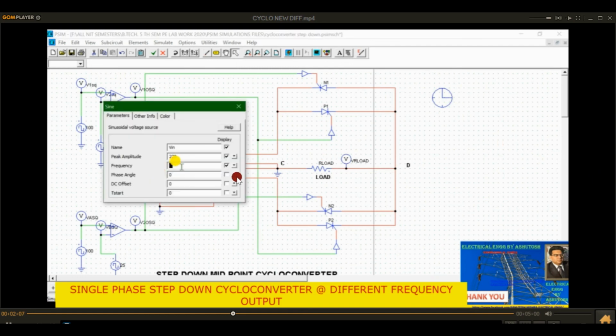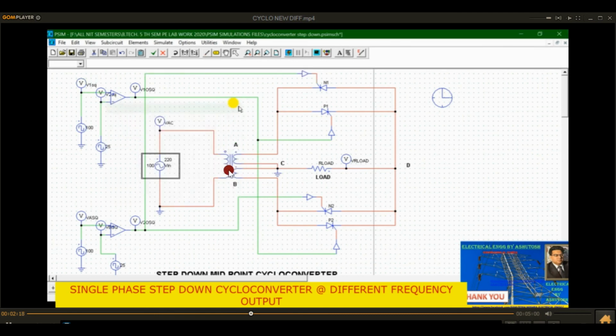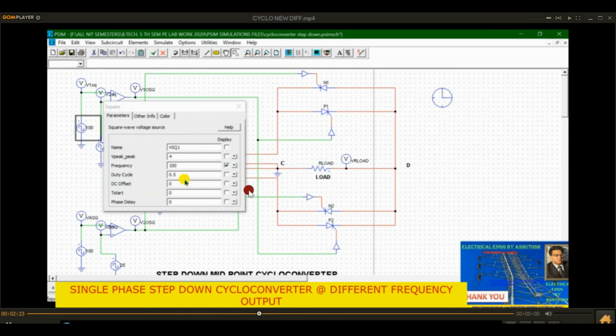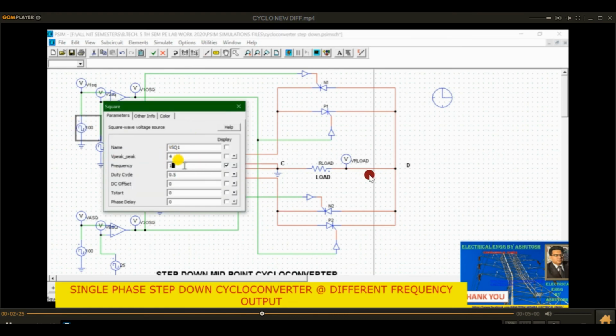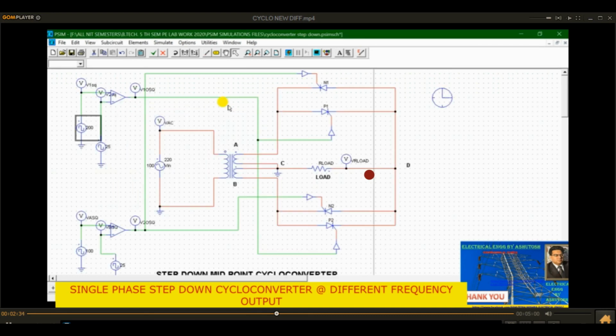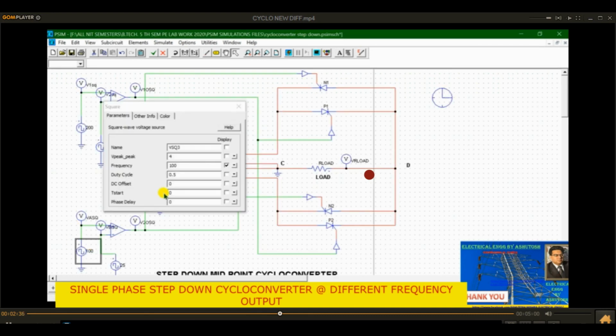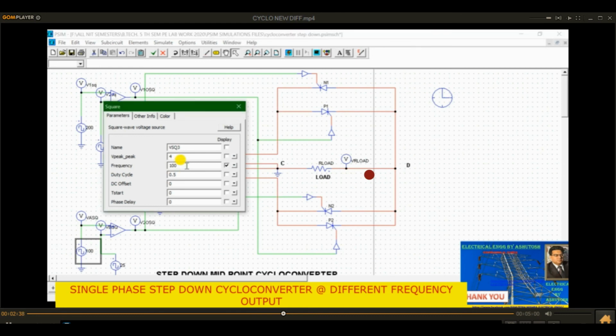Now you can change the value. Put 100 Hertz. We have changed the AC input frequency from 50 to 100, and then change this to 200. Yes, 200. Now this has become 200 Hertz, and here also you have to change to 200 Hertz.